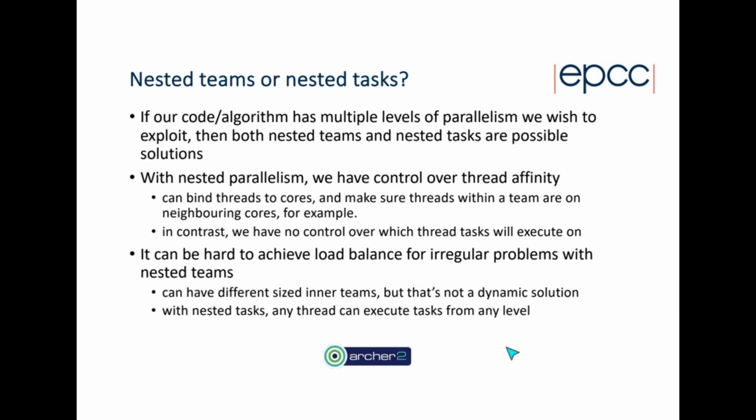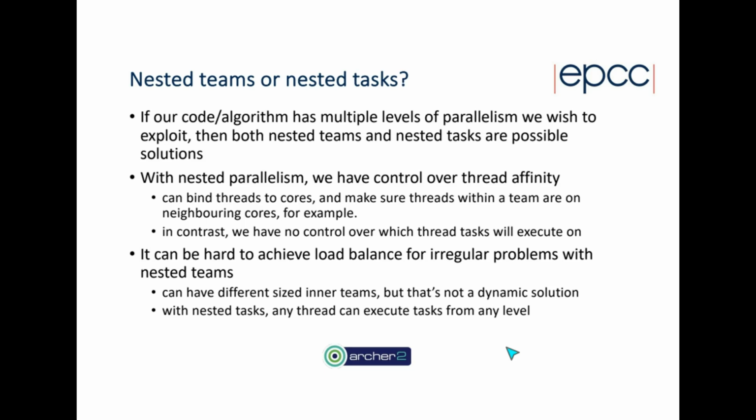And we can also make sure that a given team is always accessing the same set of program data, so we get good data affinity. On the other hand, if we use tasks, then we've basically got no control over which thread tasks will execute on, and therefore tasks might execute on any core, and that might not result in optimal caching behavior.